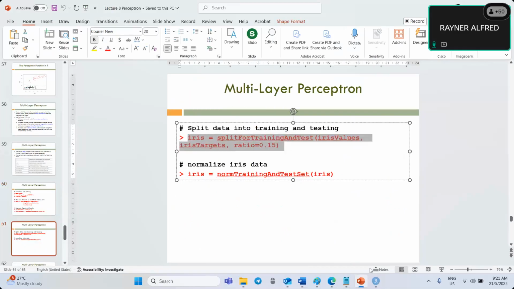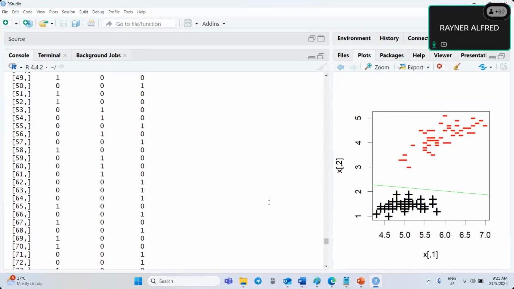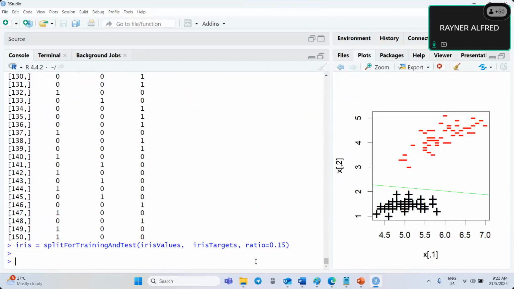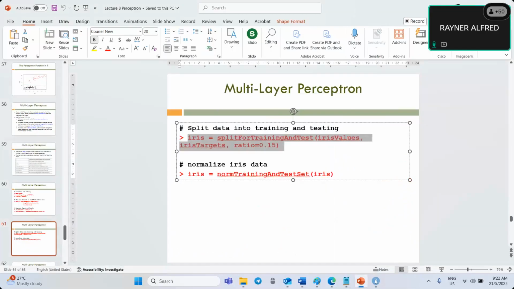Okay, for this one, we split them into training and testing again. So we have all the values, we have all the targets, and the ratio is 0.15. That means 85% for training, 15% for testing. Okay.